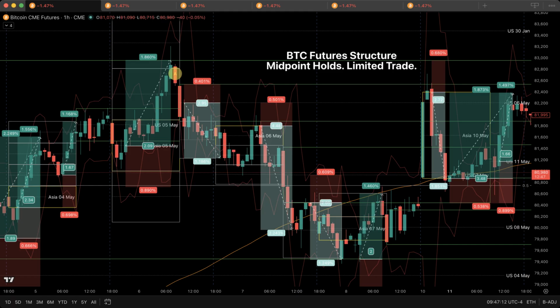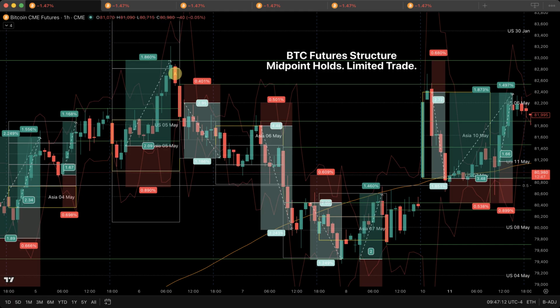Now the full May 11th US structure is clear. The session forms between May 10th Asia lower boundary and May 10th Asia midpoint. It overlaps the area between May 7th US midpoint and May 7th US upper boundary. It compresses by about 50%. Price holds inside the box. It lifts from the midpoint.